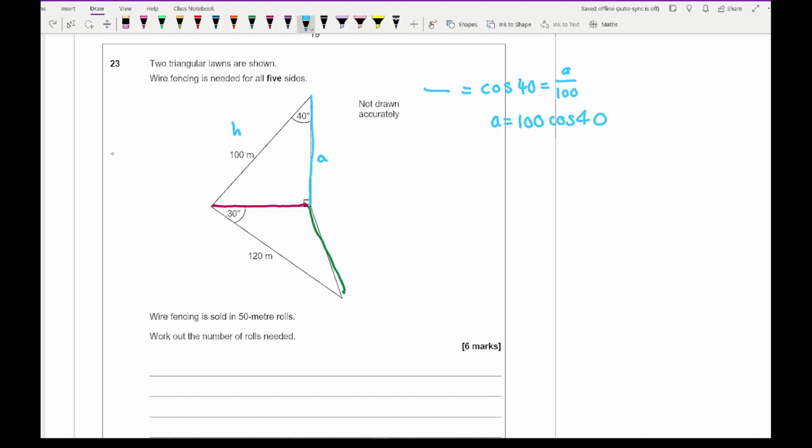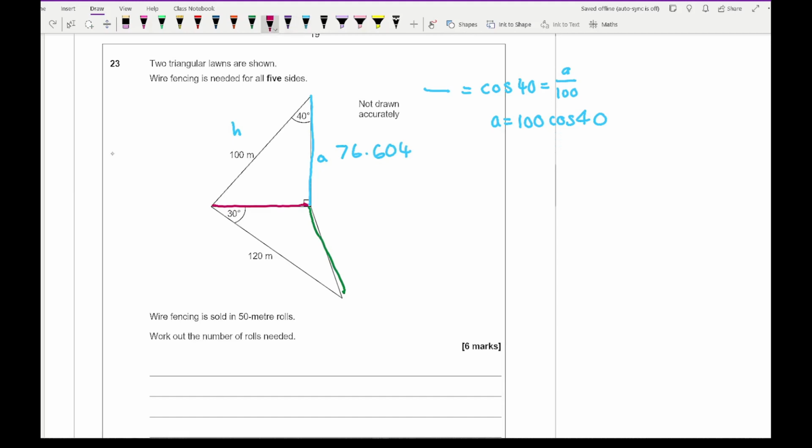So 100 times cos 40 gives me an answer of around about 76.604. And I'm going to give my answers to 3 decimal places.